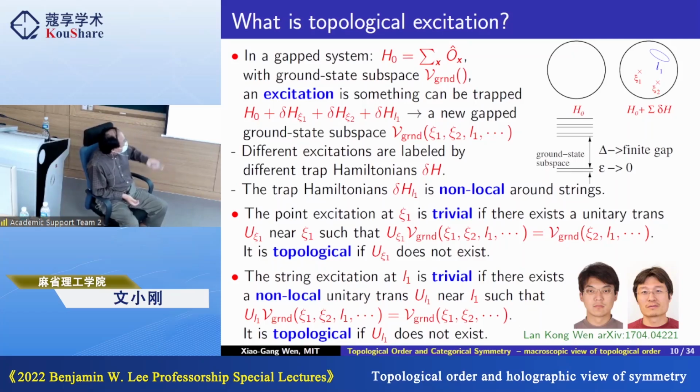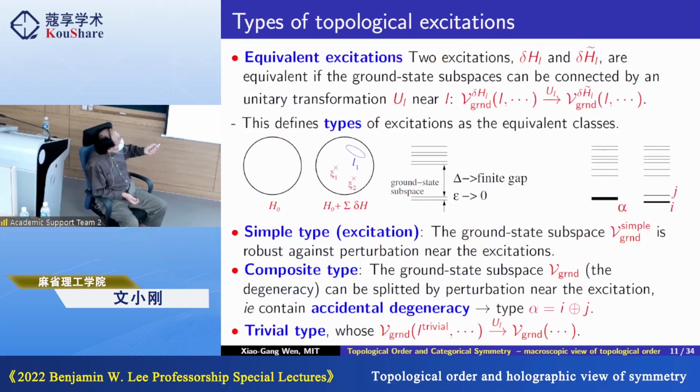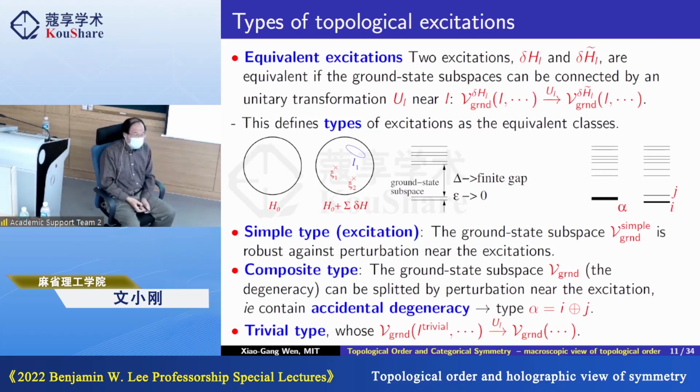And this is a very important notion. This kind of notion gives rise to an equivalence relation. Suppose some excitation is non-trivial and cannot be rotated into a trivial one, but two non-trivial ones may be connected to each other by rotation. That gives us a meaning of types. If two traps can be rotated into each other smoothly without closing the energy gap, then we say these two traps define the same type of excitation.